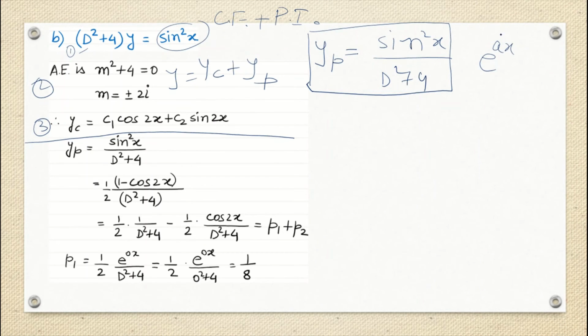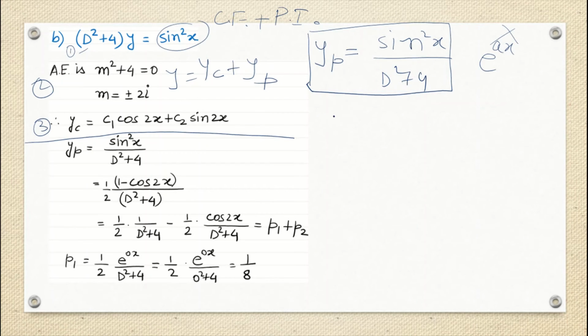So no, this is not exponential, this is not type 1. Is it type 2? So in type 2 what is there? In type 2 the numerator should be any trigonometrical function. So yes, I can see the trigonometrical function sine square x. So this is my type 2, 100% sure. So if I understood that this is my type 2, then I will start how to get this pi. Okay, for that all those rules we will be following.